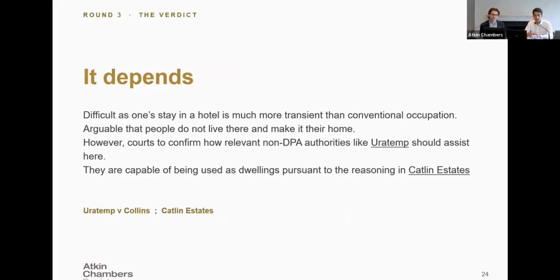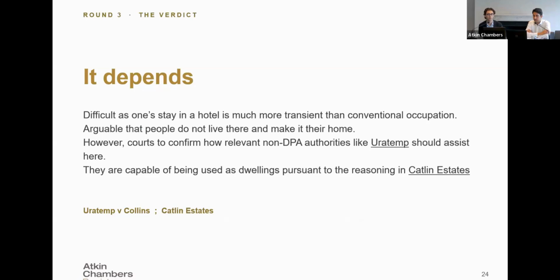Again, it depends. There are arguments both ways, and I think the key question will be the intent at construction of that hotel. You have the sliding scale from hostel with bunk beds up to serviced apartments, effectively.